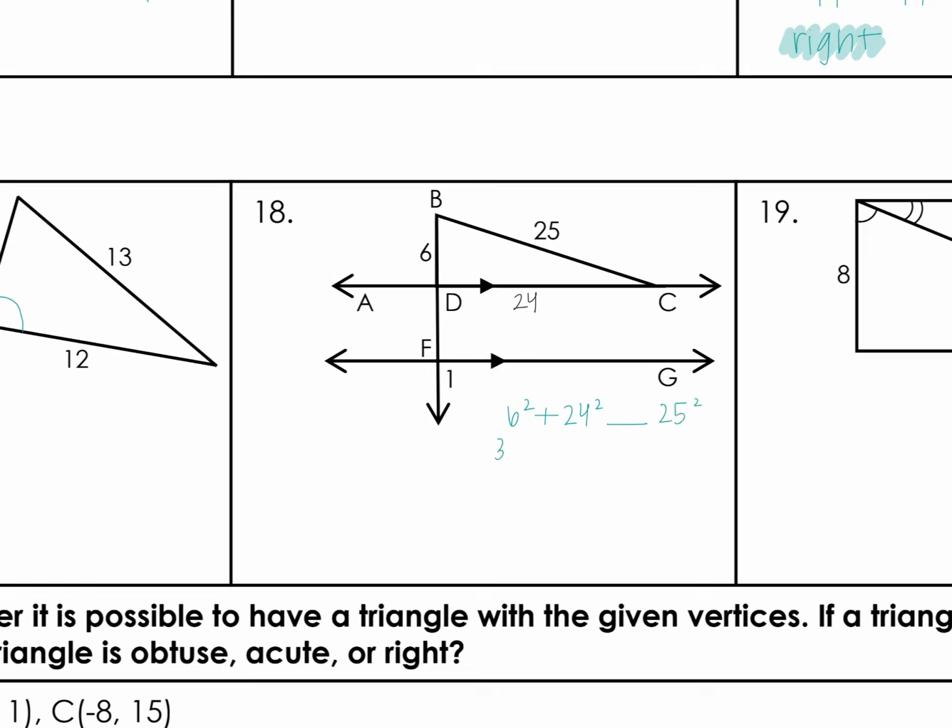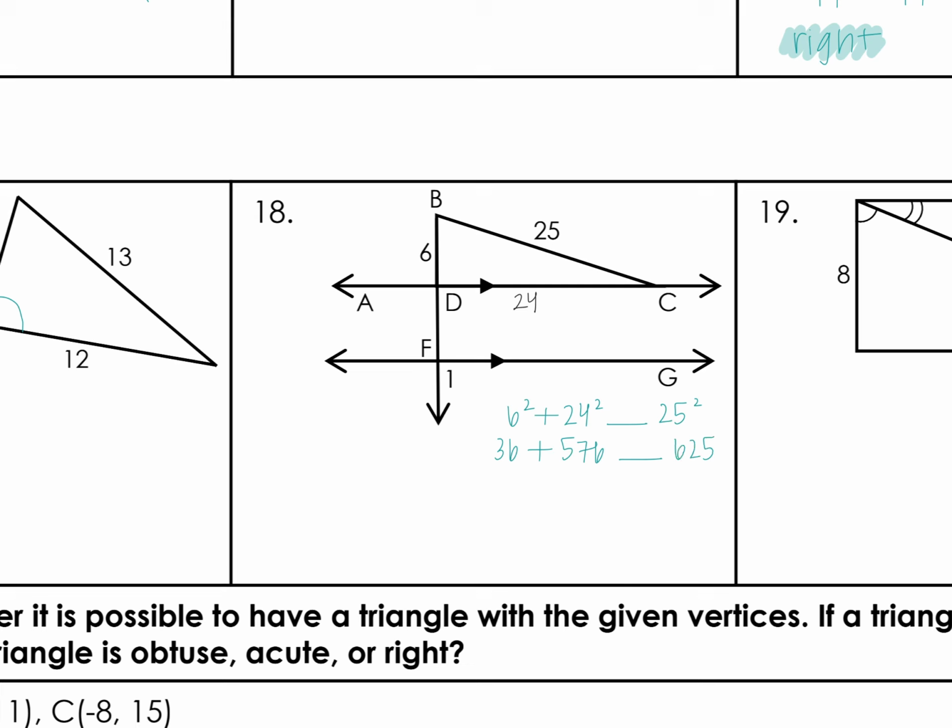So 6 squared gives me 36, plus that 24 squared gives me 576. And then we'll get that 25 squared will give me 625.